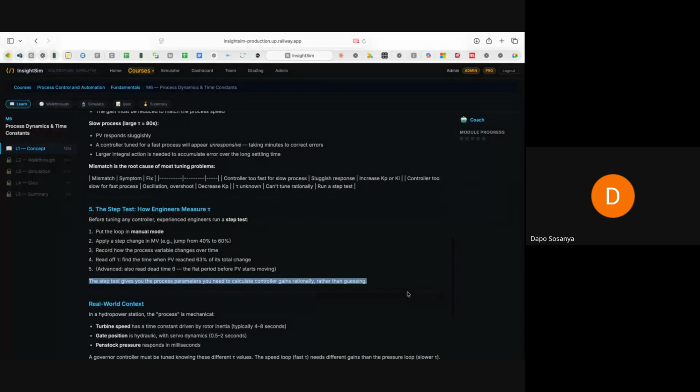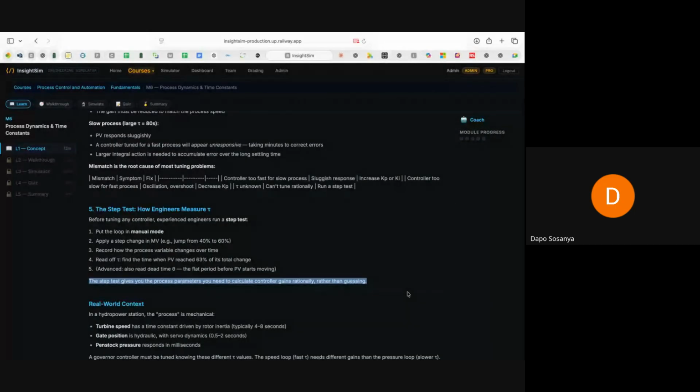I speak to some people and they'll say, if you want to tune a controller, you use Ziegler-Nichols, you use this, you use this. Yeah, it's good that we know the term. But these are the inputs into even those formulas.